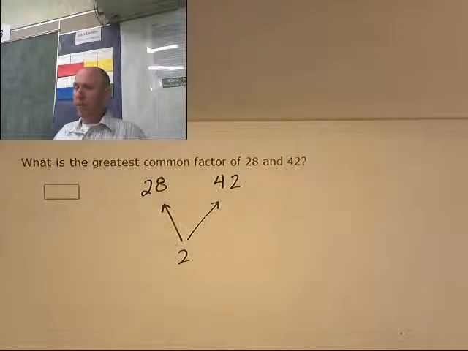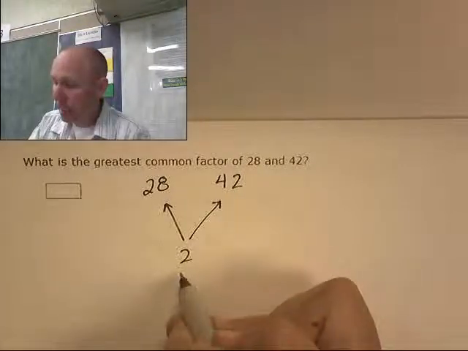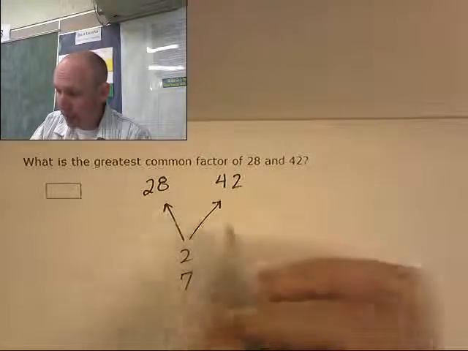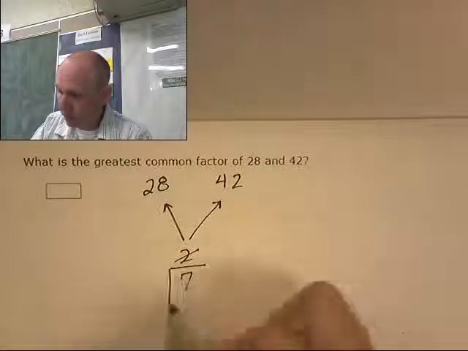How about a 7? Ooh, a 7? Maybe a 7. Does a 7 go into 28? Yes, it does. Does a 7 go into 42? Yes, it does. I think we're looking at a 7 for this one.